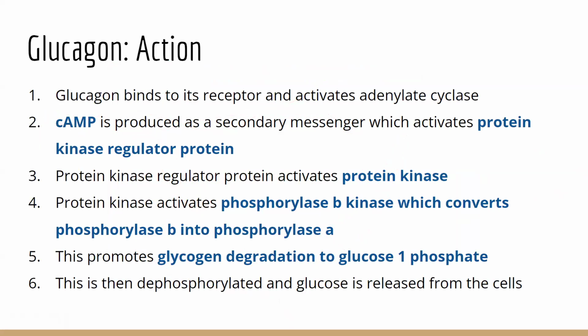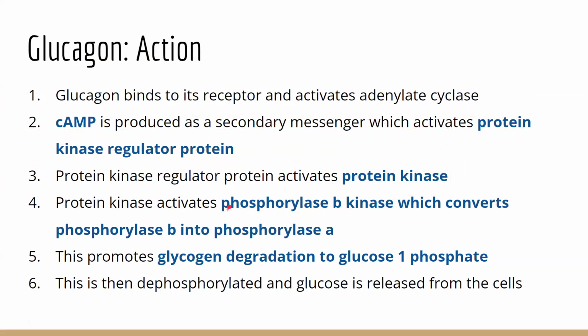So that's cAMP, cyclic adenosine monophosphate, and adenylate cyclase is used to form it. This is a secondary messenger which will go and activate protein kinase regulator protein. How do you remember what the next one is? What is it regulating? Protein kinase. So our next substrate will be protein kinase. What does a kinase do? It phosphorylates, so it adds a phosphate.